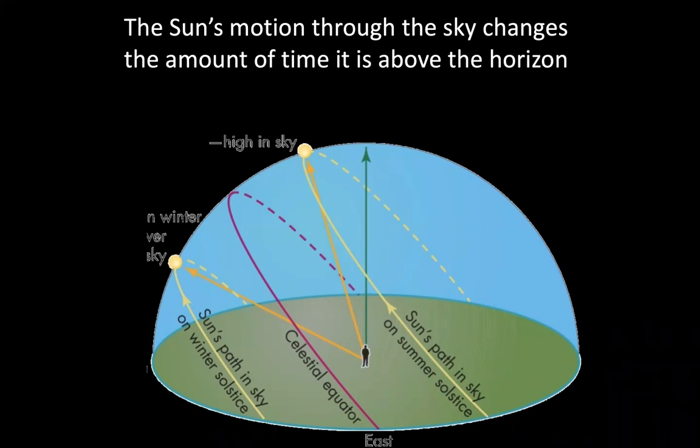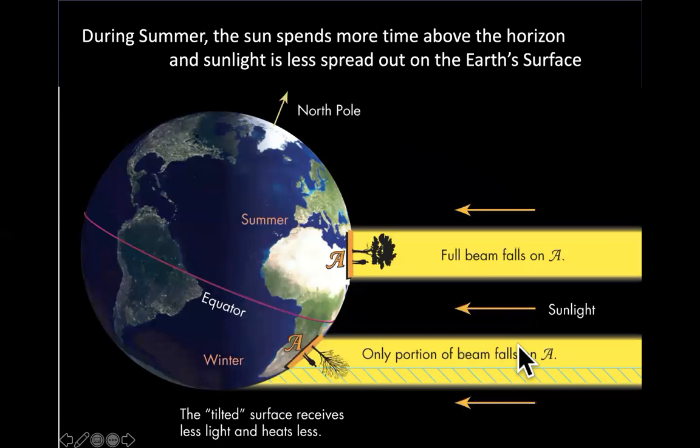That means we get less solar heating. It makes it colder. The other thing is, as the sun gets lower in the sky, when we're on the half of the hemisphere that's tilted away from the sun, the amount of light gets spread over a larger area, which reduces solar heating further.